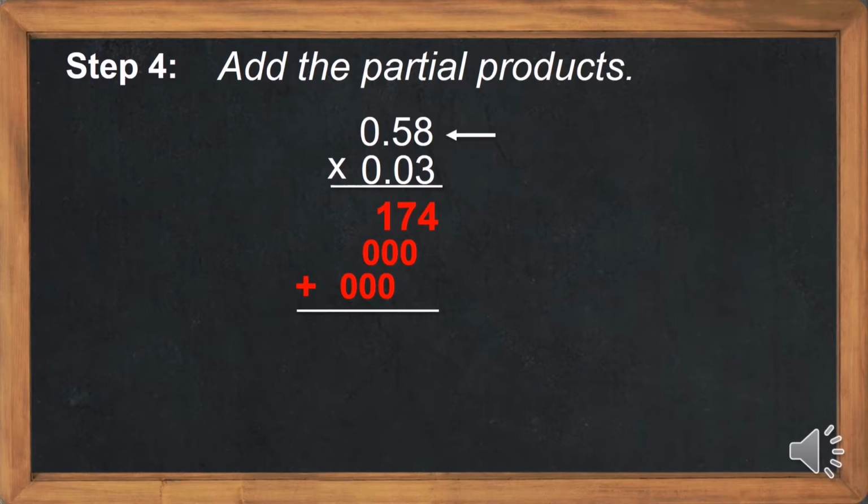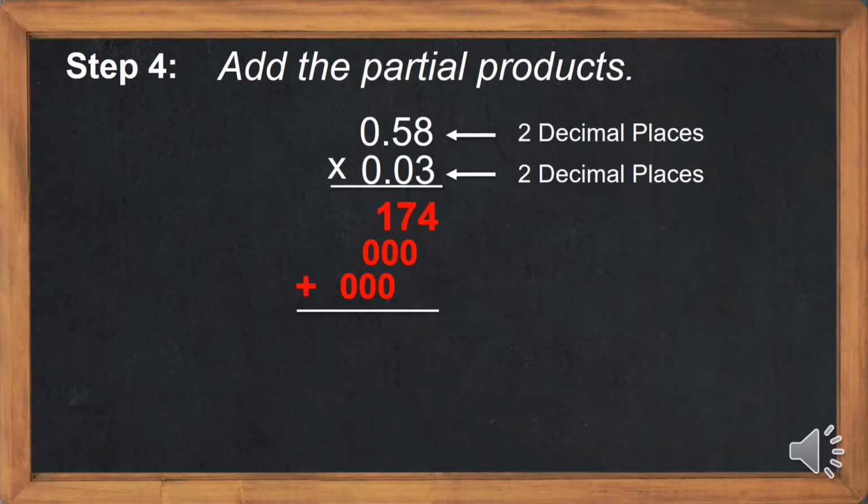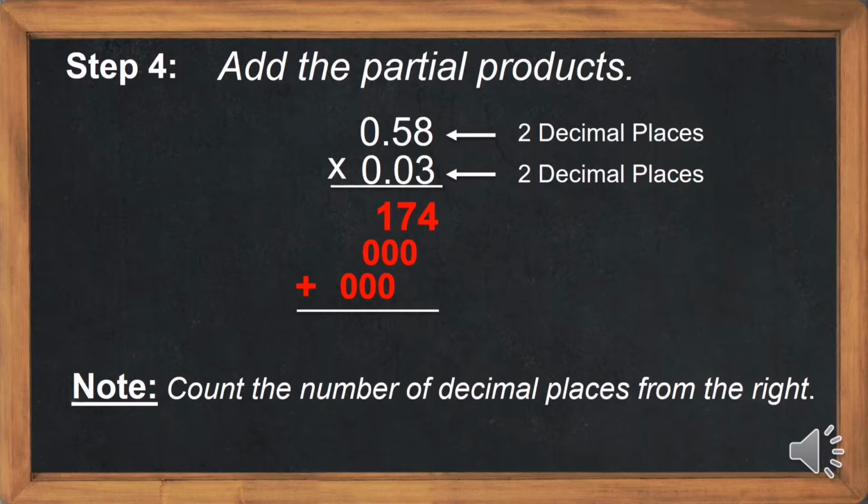And then, remember na kailangan din nating bilangin kung ilang decimal places ang bawat numero na ating minumultiply, nang sa ganon ay makuha natin ang tamang paglagay ng decimal point.